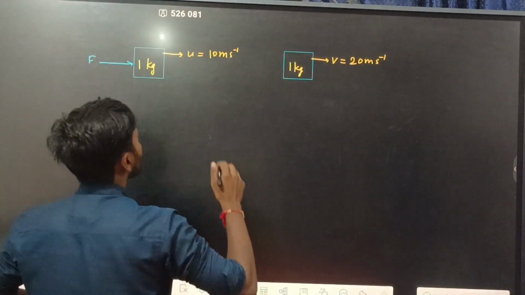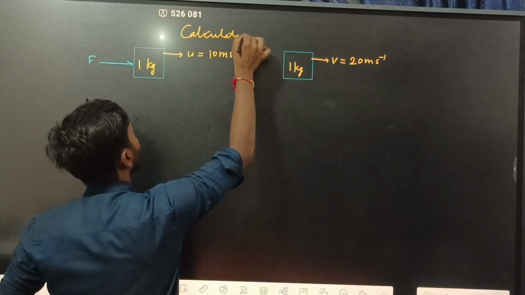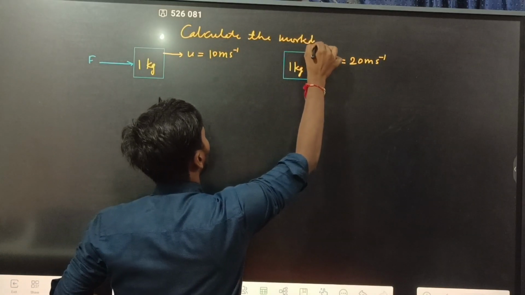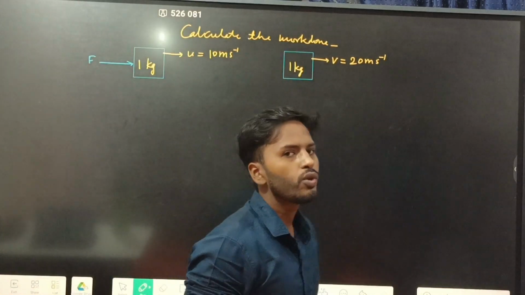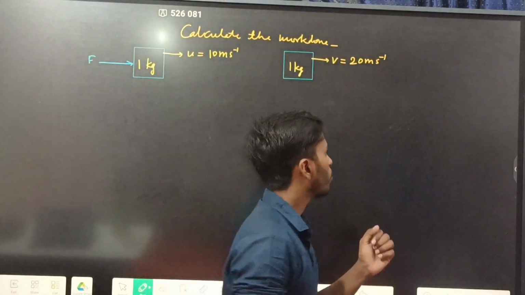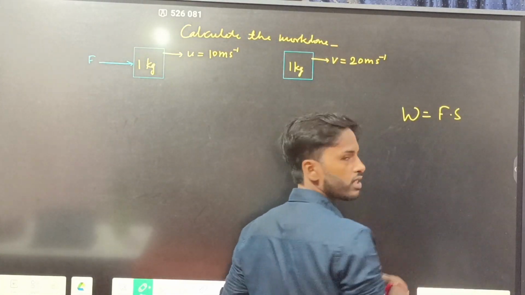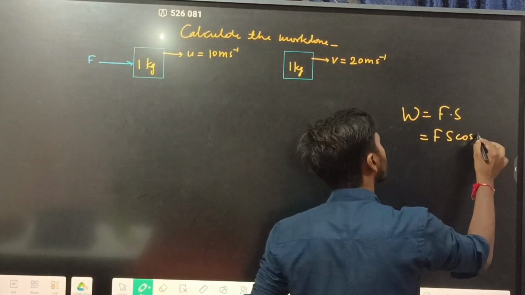Okay, so now the question is, calculate the work done. From the formula of work done, we all know work done is equal to F dot S, or Fs cos theta.